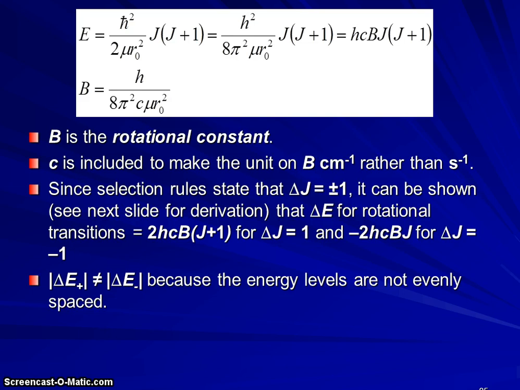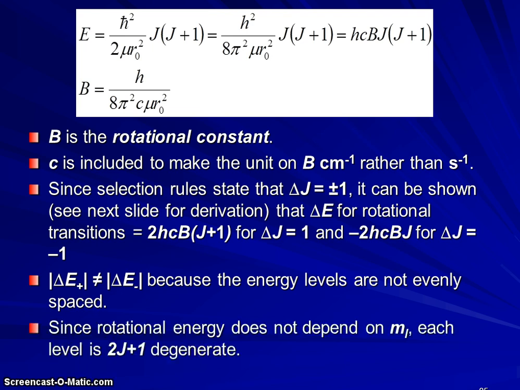But one thing to notice there is that delta E plus and delta E minus are not equal for any particular energy level, because the energy levels are not evenly spaced.